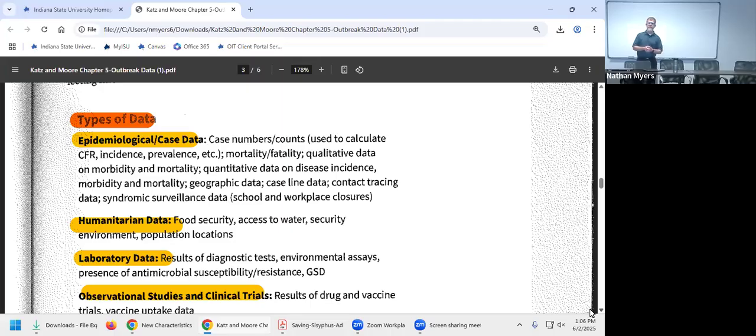Obviously, laboratory data, diagnostic tests. This again was a big issue during COVID-19. I'm sure all of us at some point had to do the nasal swab to test ourselves, whether at home or at a pharmacy or a doctor's office. Most of us have probably done it multiple times at this point.